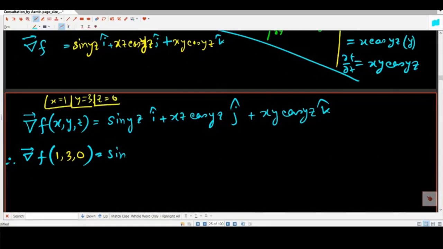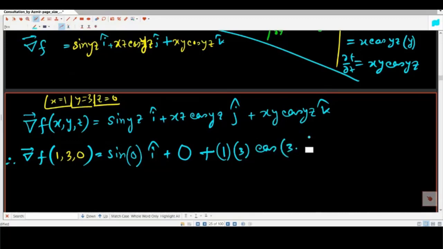Sine yz: the value of y is 3 and z is 0, so we are getting sine 0, i. xz: x is 1, z is 0, so the multiplication will be 0, j. 0 times something is 0. Plus xy cosine yz: x is 1, y is 3, and z is 0, so cosine 0 times 3, k.